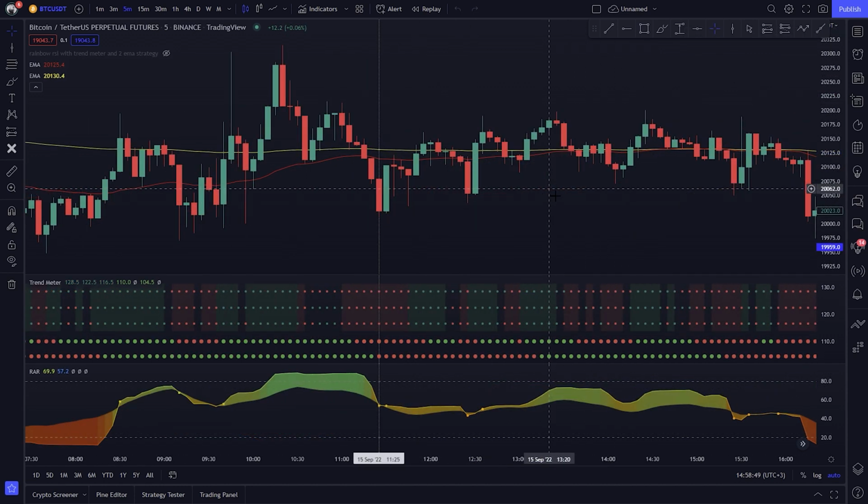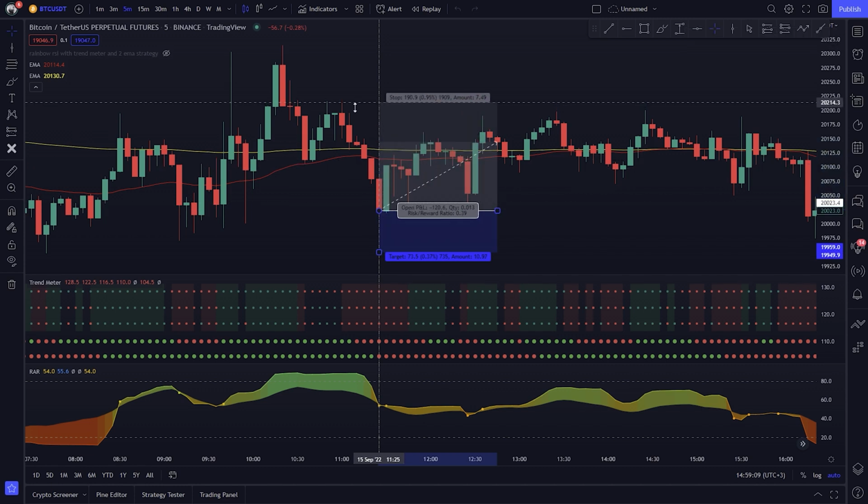And now let's move on to the short condition. For a short signal to be valid, the 50 EMA must be below the 200 EMA, with 5 red dots and a sell cross from the Rainbow RSI. Now we can take a short position.